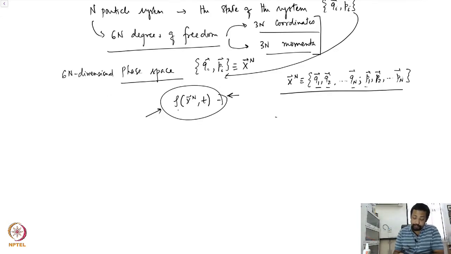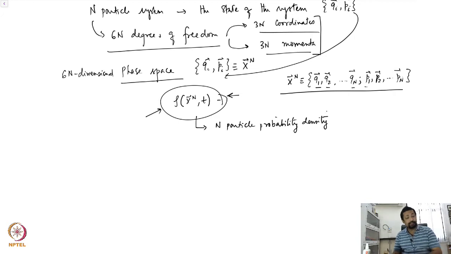Note that this probability density rho of x_N comma t is essentially an N particle probability density, right? It depends on all the coordinates and the momenta of all the particles. However, in practice, this contains too much information that we do not need.